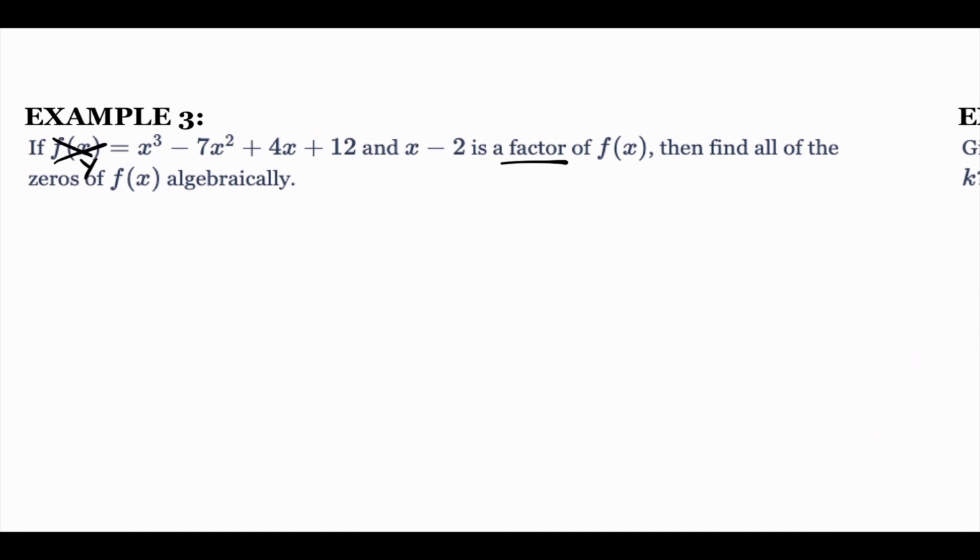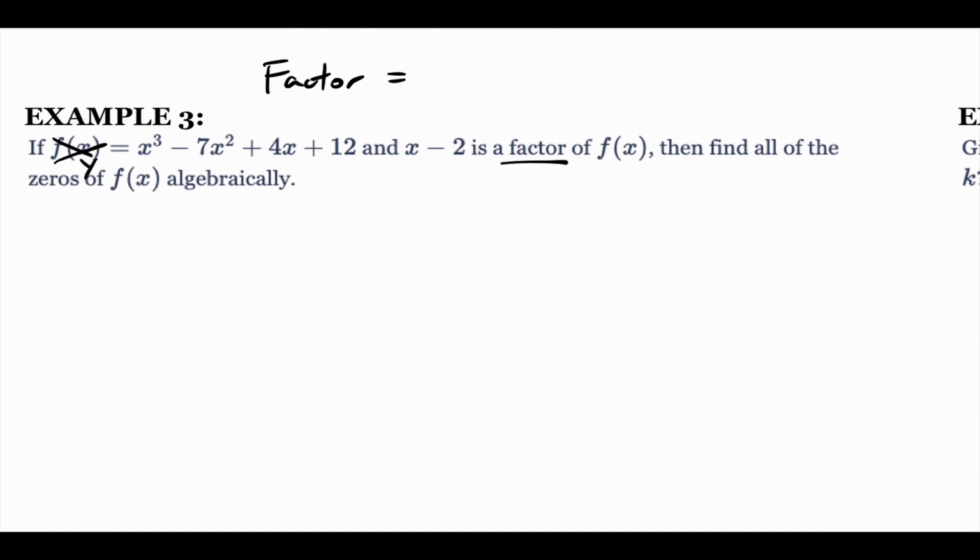We talked about this on Thursday. What does it mean if it's a factor? I'll give you an example. 8 is a factor of 32. How do we know that? By multiplication, right? These two things multiply to make 32.